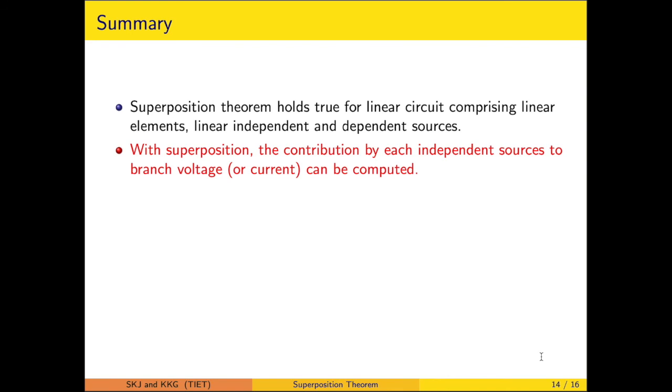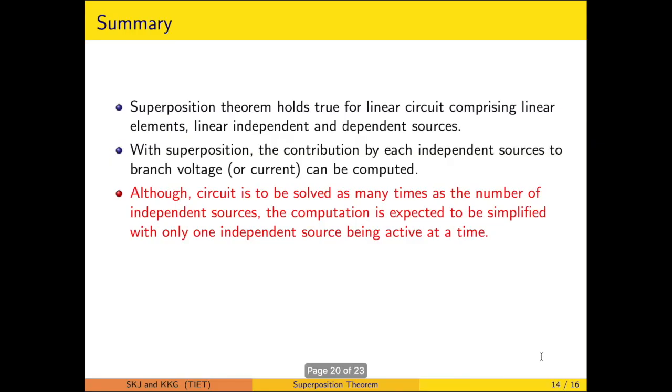Because of superposition, we can find the contribution of each independent source to the branch voltage or current. It is not applicable to power calculation because that is a non-linear relationship. The only drawback of this method is that we have to solve the circuit as many times as the number of independent sources.